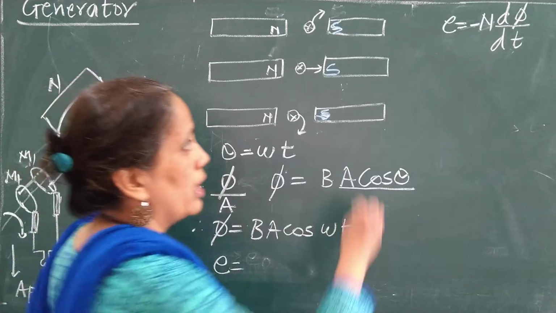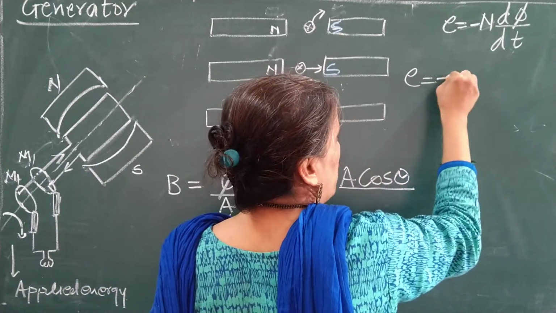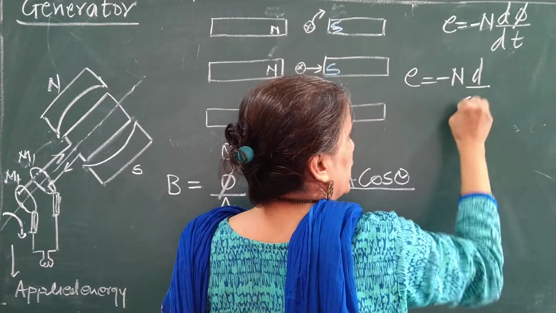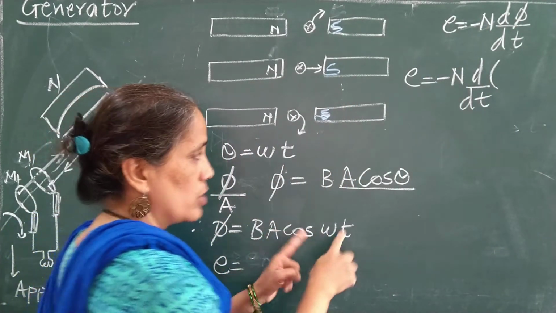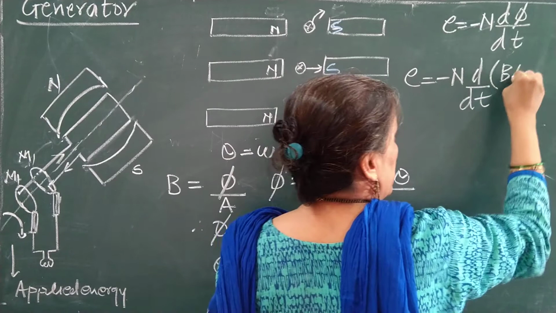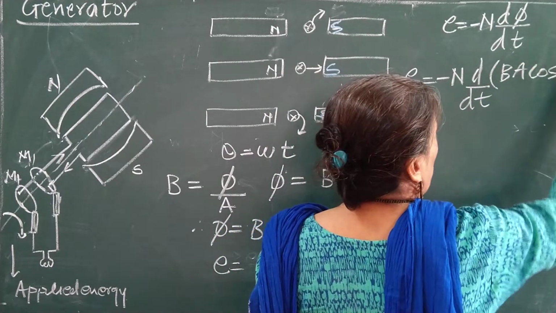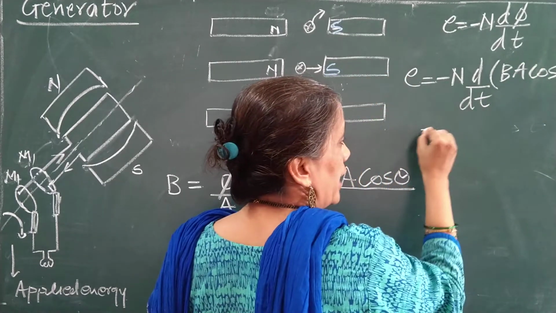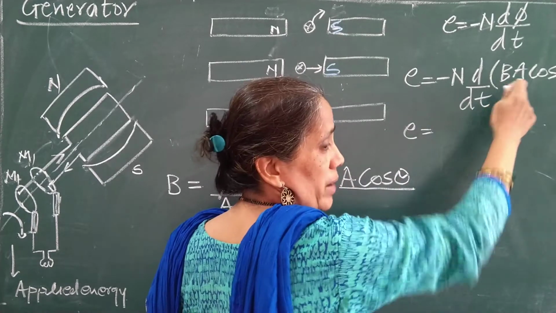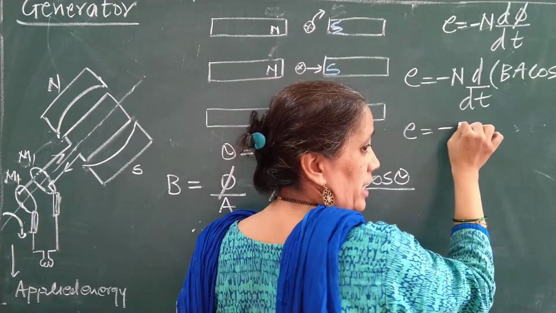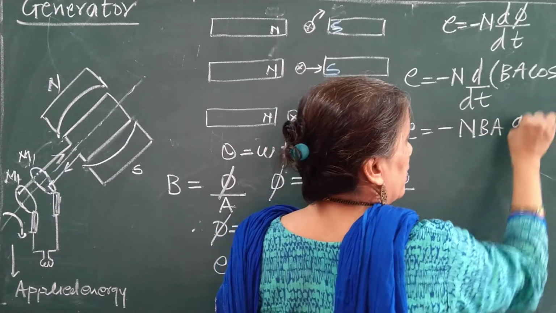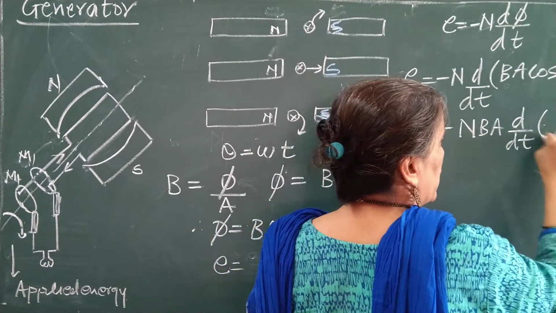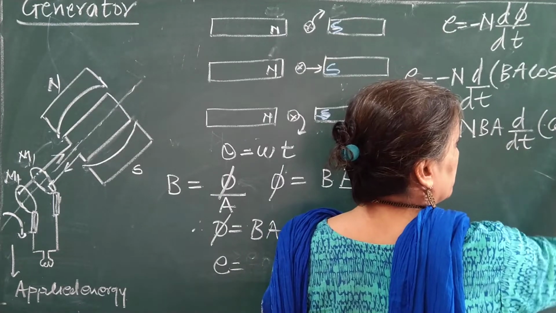Clear? So now E is equal to minus N d/dt of phi, and the value of phi is BA cos omega t. Magnetic field is uniform and area is constant, so that should be taken out of the derivative. BA d/dt of cos omega t.